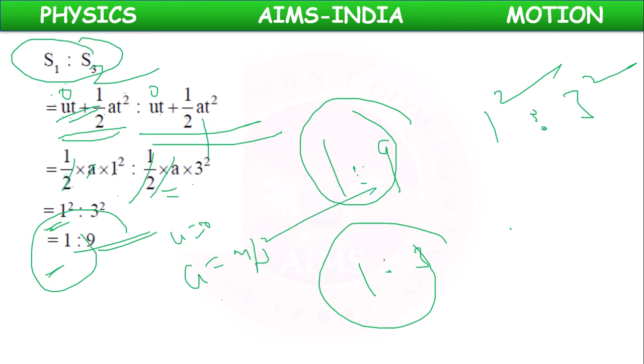So if the ratio of times is 2 is to 3, what is the ratio of their distances covered? Without calculation, by the shortcut, we can directly guess the value. It is 2 square is to 3 square. That's all.